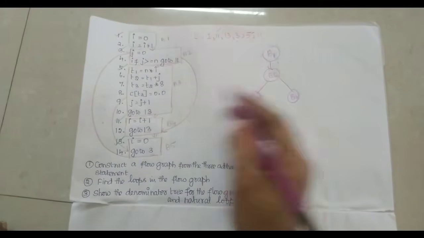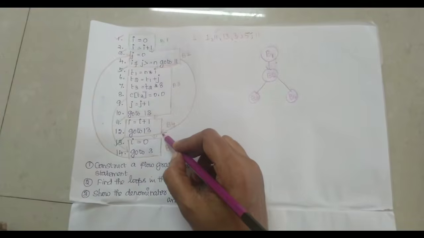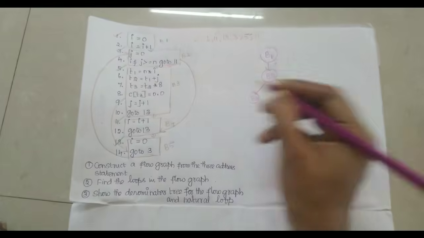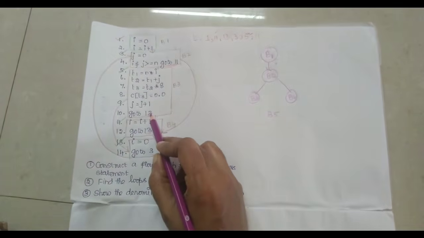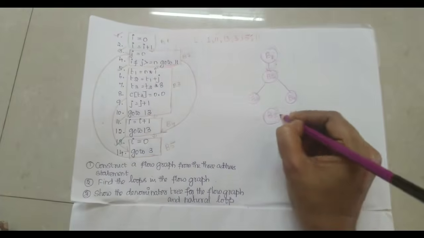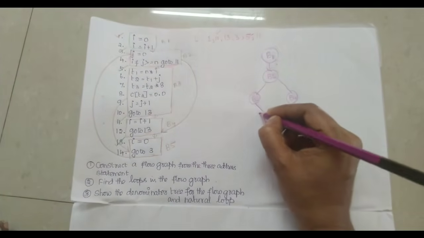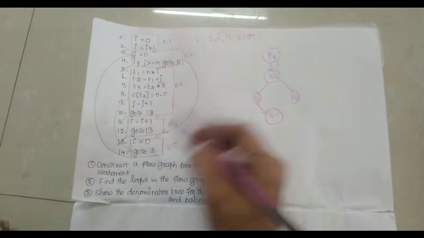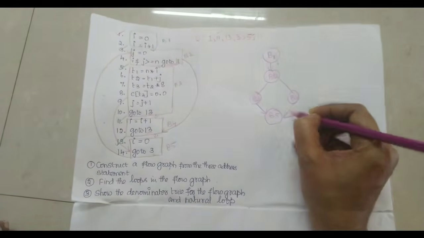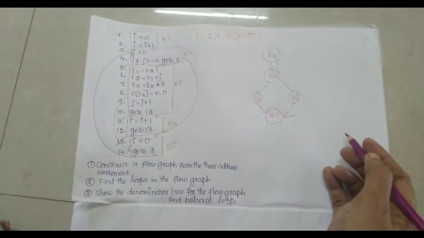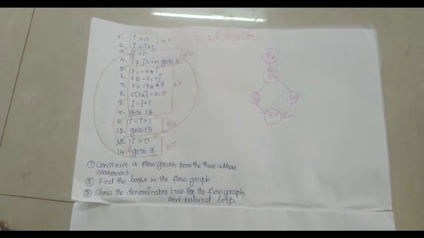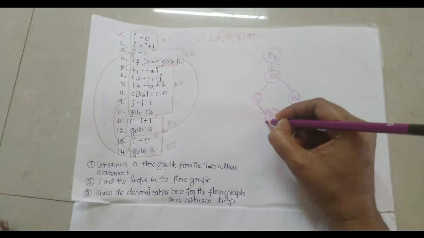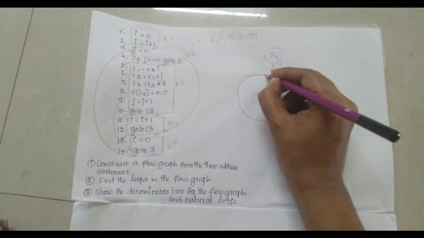From B3 there is a flow to B4, and B4 to B5, and from B3 there is also a flow to B5. And again there is a loop from B5 to B2.